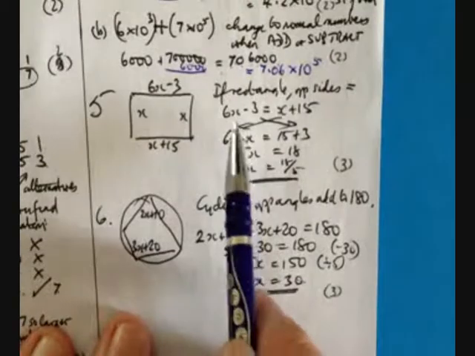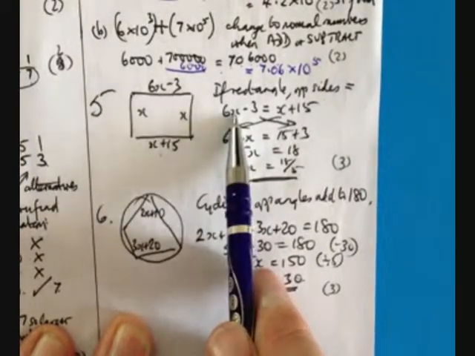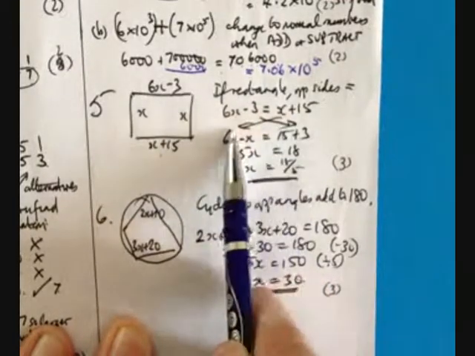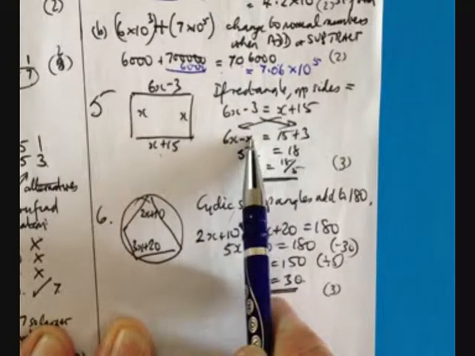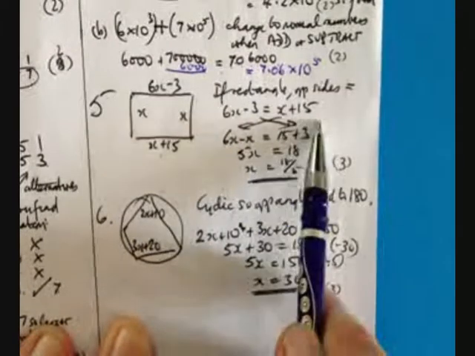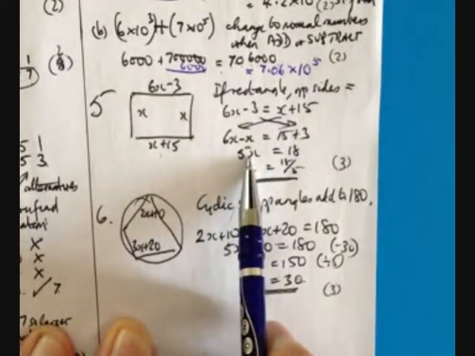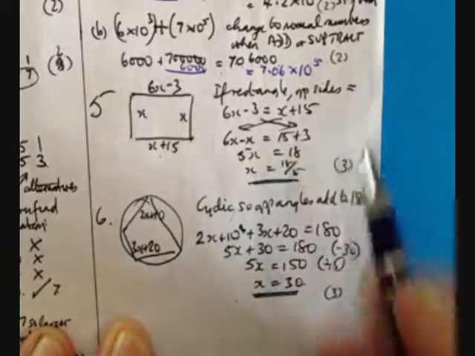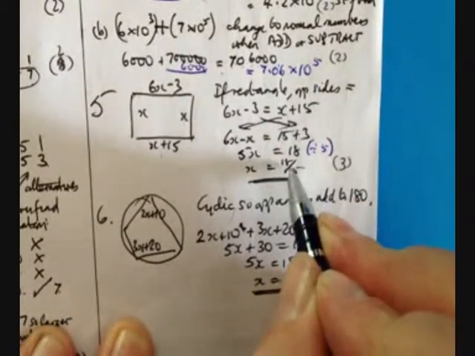This one, if the rectangle has opposite sides equal, there they are, that equals that. Same as we were doing earlier on again, it's one of these, crossing, crossing, off we go. 6x take x, minus 3, add on the other side, there it is, so 6 take 1 is 5, 15 minus 3 is 18, 5x is 18, divide by 5 at that point, so x is 18 over 5.